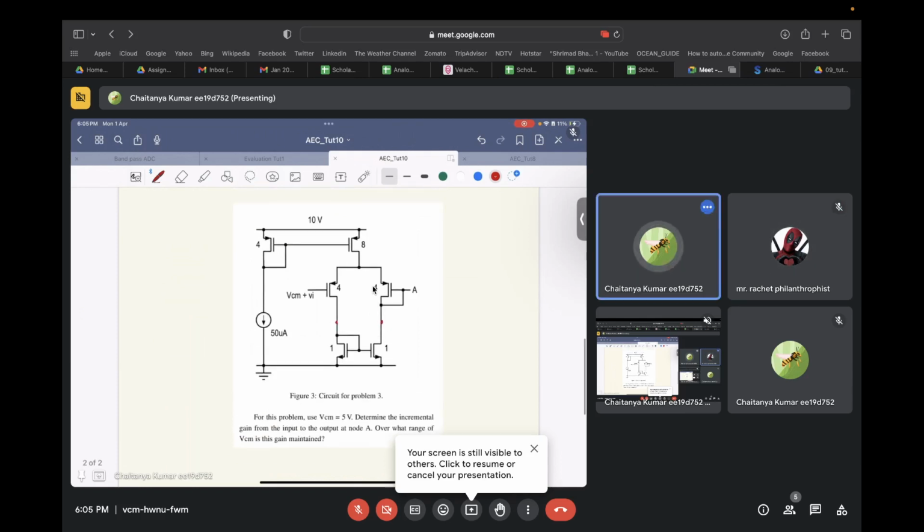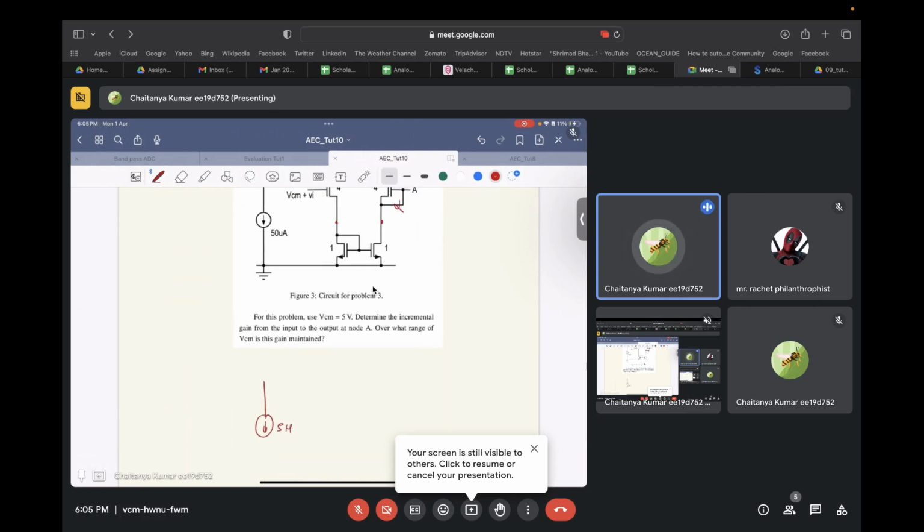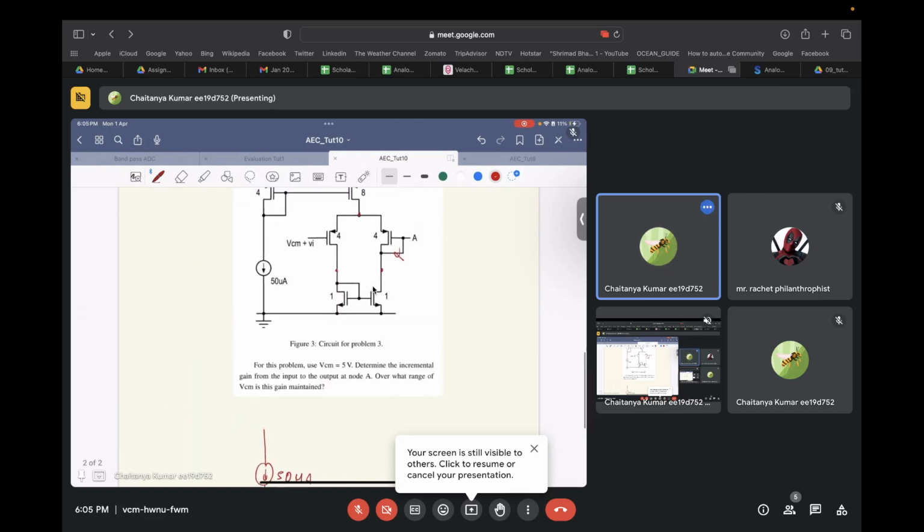Let's try to decode what circuit this is. Let's say this connection was not there. What would this circuit look like? We have 50 microamp current over here that is being mirrored using this PMOS current mirror.